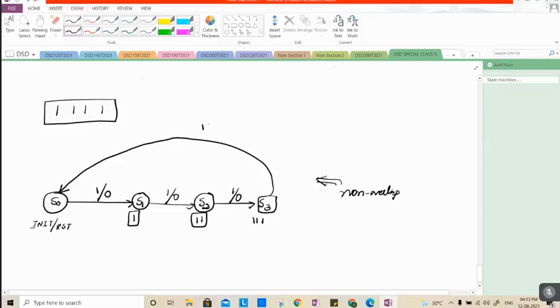Whenever input is equal to 1, output is equal to 1. So this is about the required sequence. Now check the other inputs. S0 will remain in S0 whenever the input is 0.